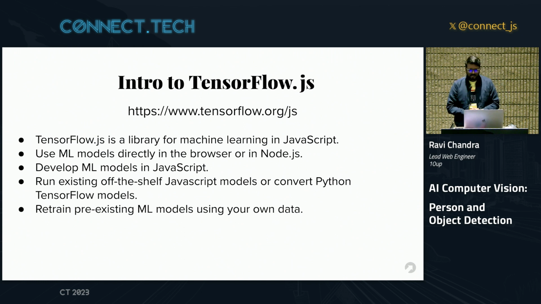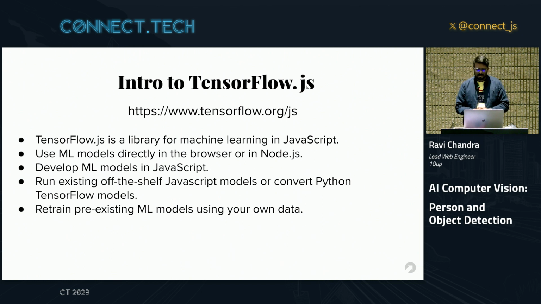Let's look at TensorFlow.js. Even though we won't be building any models ourselves, we could definitely look at how we can do it. TensorFlow.js is a machine learning library for JavaScript.